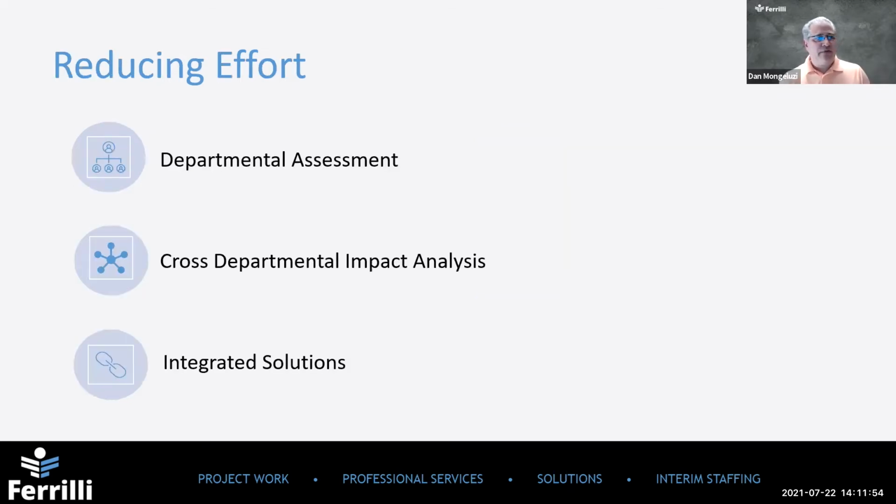From a standpoint of reducing your effort, maximizing the efficiency of what people are putting into the system, what you want to do is a departmental assessment. You want to sit down with each of the departments and understand what's going right, what's going wrong with the system. How are the systems blocking them from doing their day-to-day operations? What difficulties are they facing? A lot of times when you're doing the implementation, we gather the requirements and that's what's implemented.